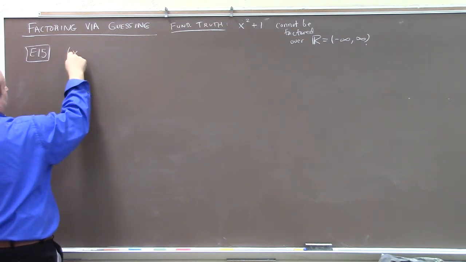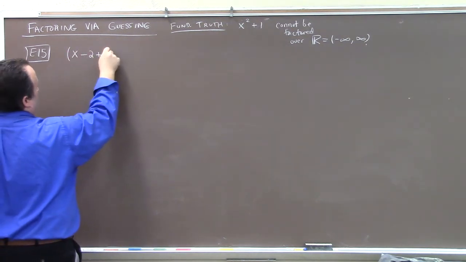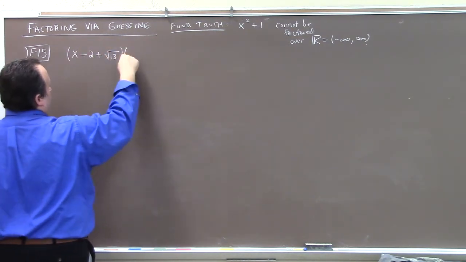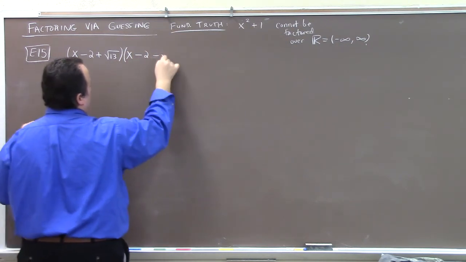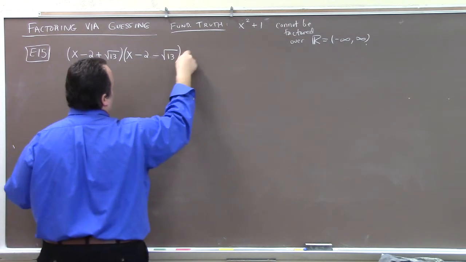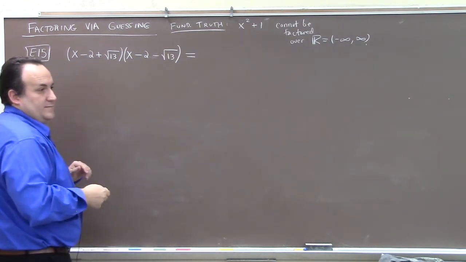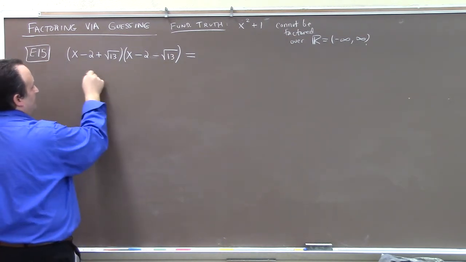Suppose you had x minus 2 plus the square root of 13 times x minus 2 minus the square root of 13. Multiply that out, what do you get?